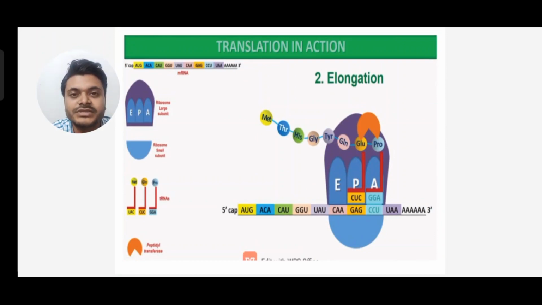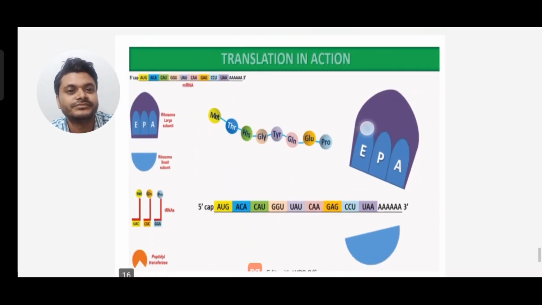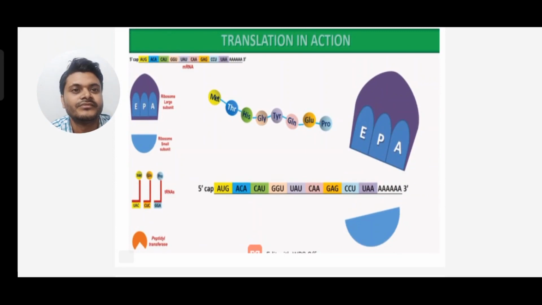A group of amino acids forms a polypeptide, and a group of amino acids combine to form a protein structure. Now in termination, as I have said, the release factor binds at the stop codon region. Now you can see everything is dissociated.